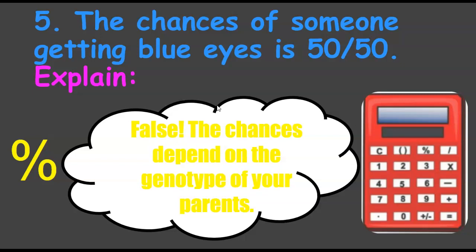If you have a parent that has capital B for, say, brown eyes, and another parent who has blue eyes, lowercase b, what's going to show up is the capital B's of the brown eyes. So no, not everybody has a 50% chance. Some have 0% chance.